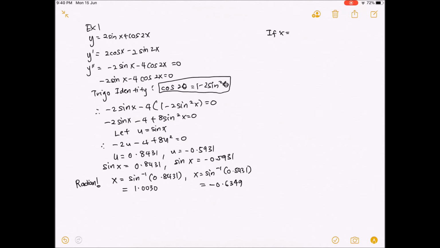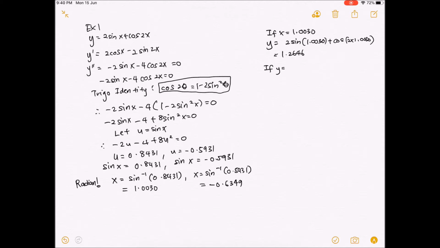How about y? If my x equals 1.0030, then my y is 2 sin 1.0030 plus cos of 2 times 1.0030, which is 1.2646.